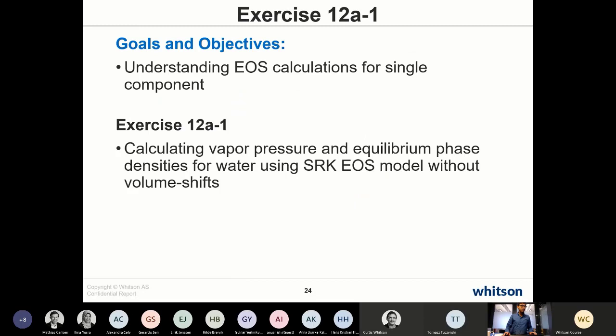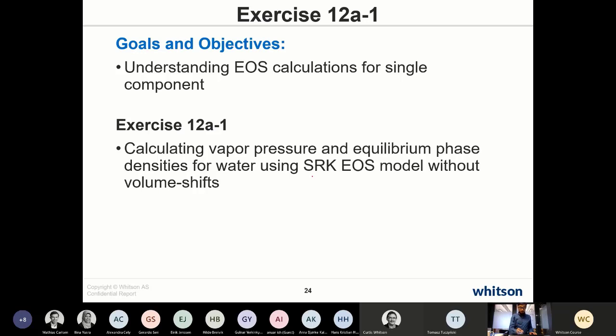Okay, I guess we can get started with the exercise that we have on this topic. The objective of the exercise will be to see how the equation of state models are applied for a single component, and to get ourselves familiar with the different parameters in the equation of state model.